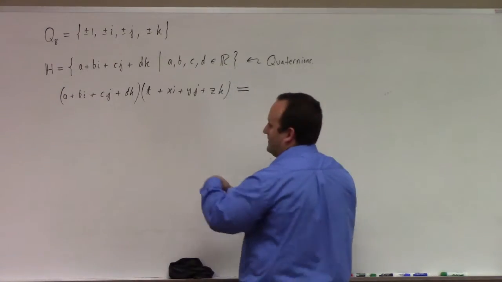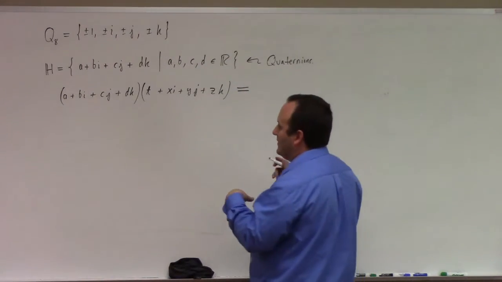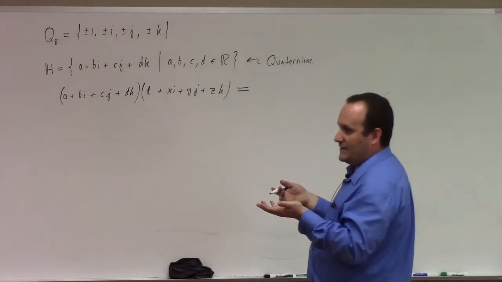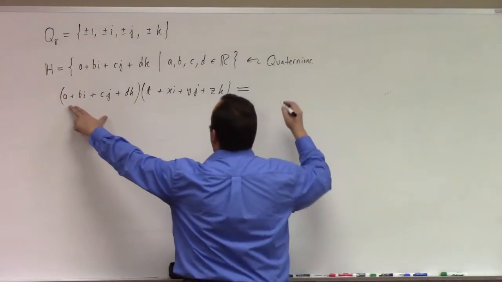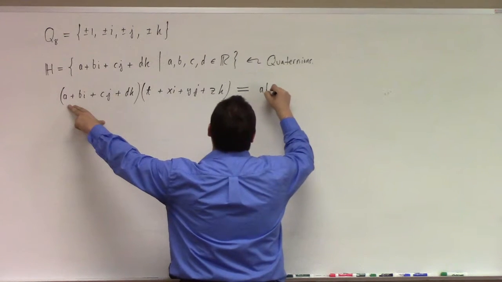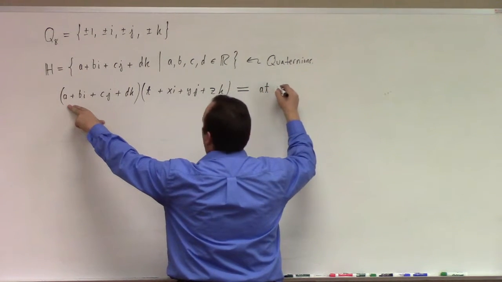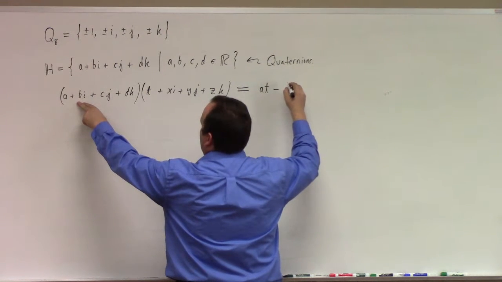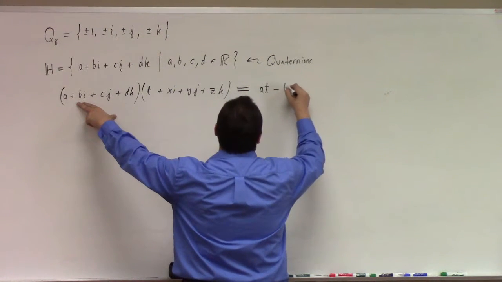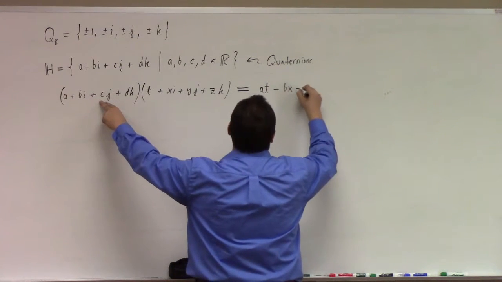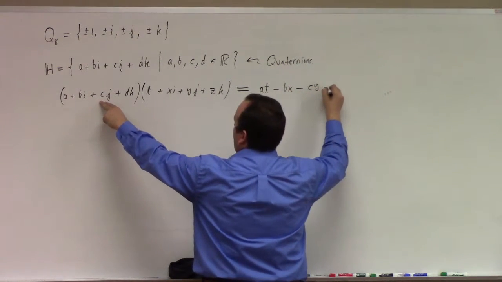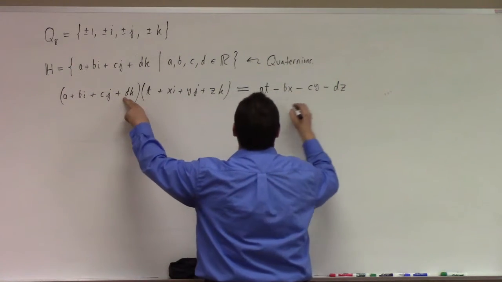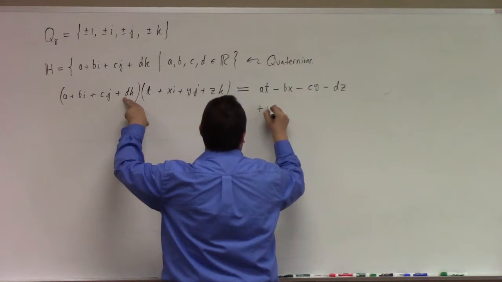This is the definition of multiplication I'm showing you, but it's made so that distribution works like you'd expect. So I get at, I'll write the real part first, minus, i times i is minus 1, so minus bx, minus cy, minus dz. And then there are going to be 16 terms here, plus i.